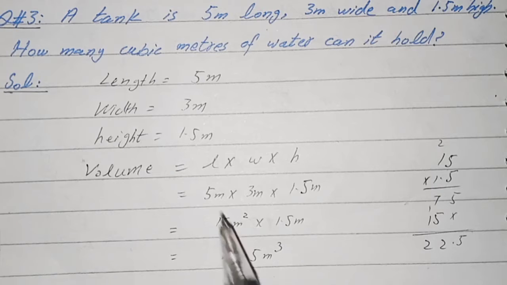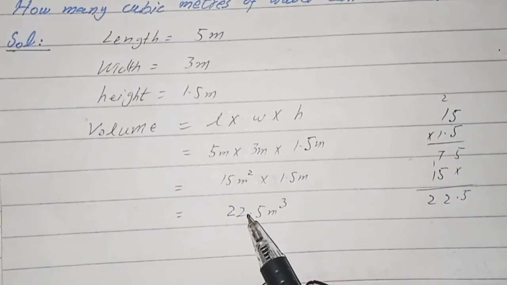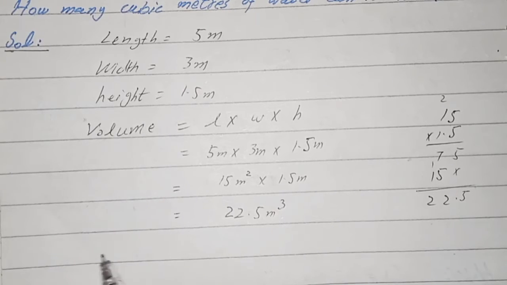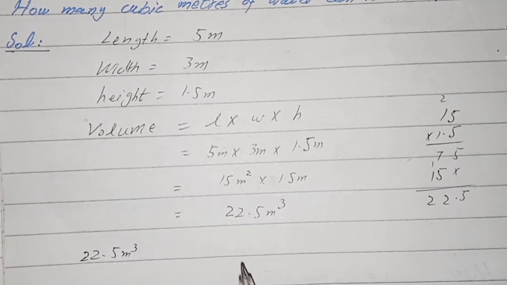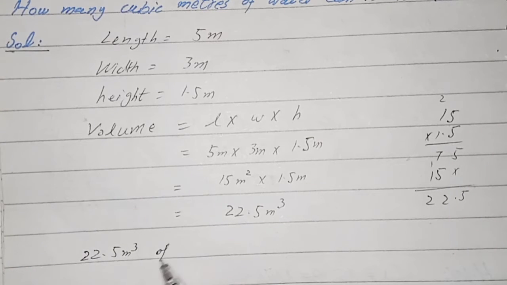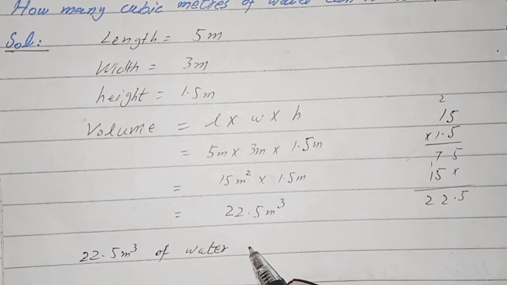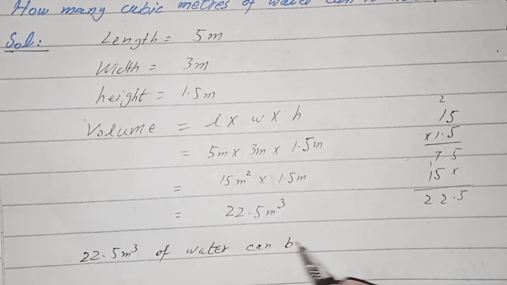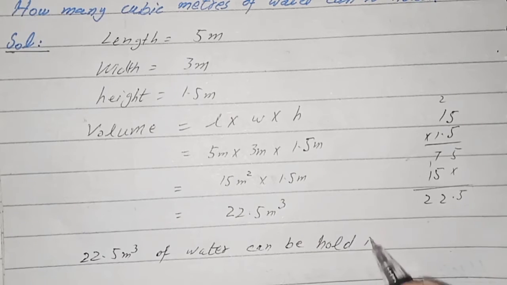So the capacity of tank is 22.5 meter cube. We will write answer as 22.5 meter cube of water can be held in tank.